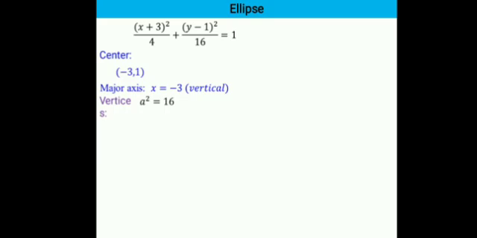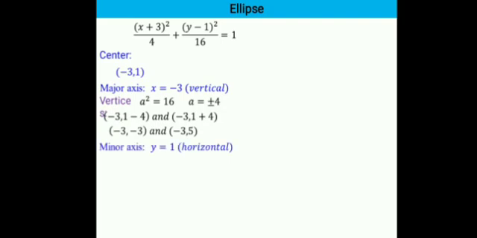Vertices, a squared is equal to 16, that is your a, that is positive negative 4. Coordinates, we have negative 3, 1 minus 4, then negative 3, 1 plus 4, that is negative 3, negative 3, and negative 3, 5.